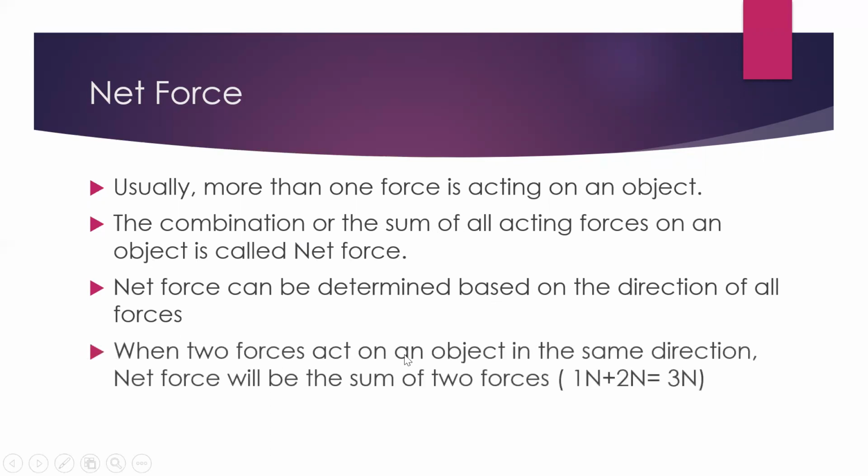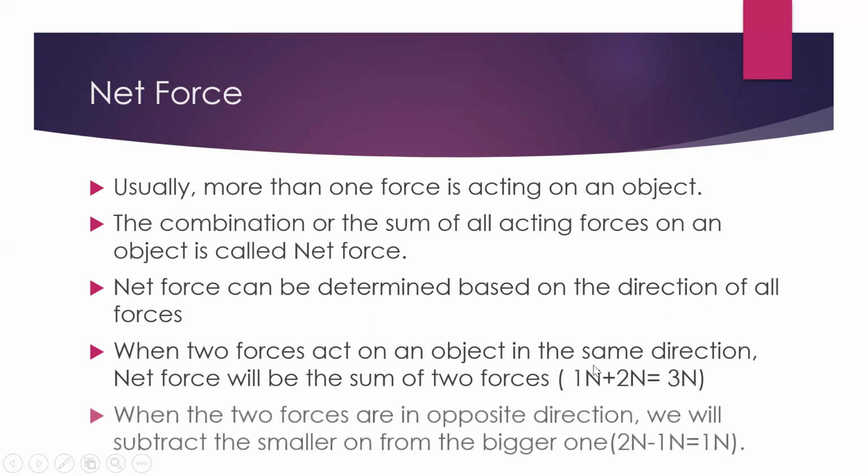When two forces act on an object in the same direction, I will make the sum. Like the first force was 1 Newton, the second one 2 Newtons, so the net force will be 3 Newtons. But when the two forces are in opposite directions, we will subtract the smaller one from the bigger one. 2 minus 1, 1 Newton, the result.